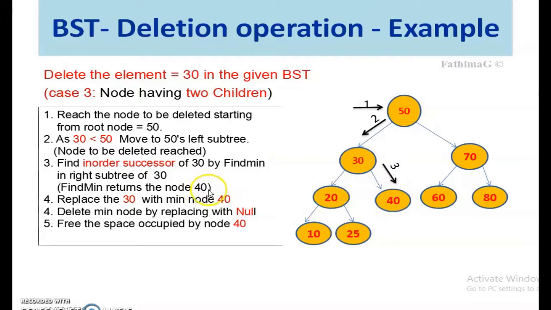Now replace 30 with min node 40. Delete the min node 40. As here the min node is the leaf node, following the procedure for case 1 deletion, 40 is replaced with null and free the space occupied by 40. Thus, the deletion is completed.